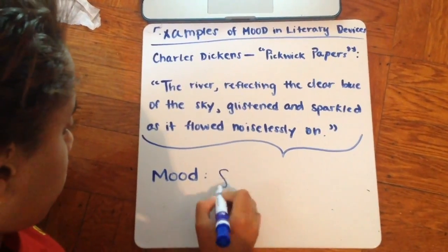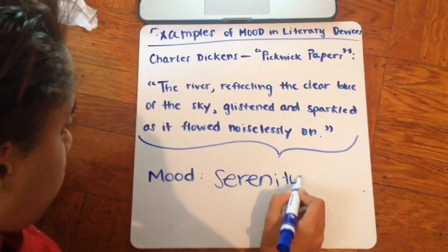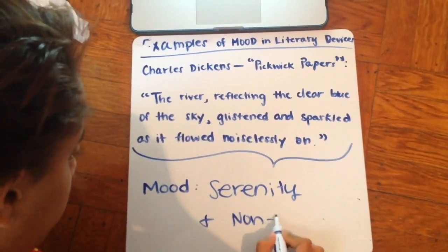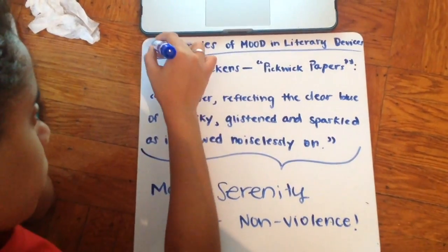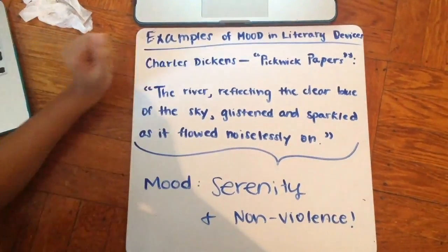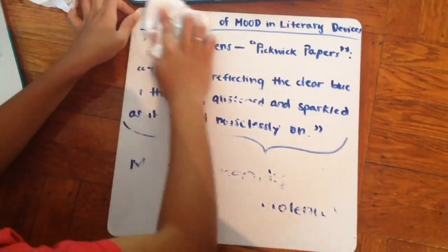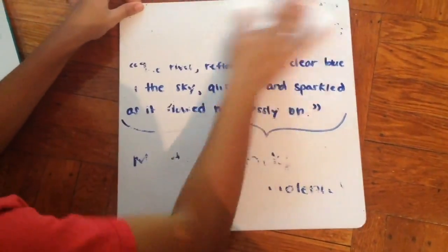The mood of this sentence is one of serenity and non-violence. This is quite obvious due to Dickens' description of nature, which is usually peaceful.